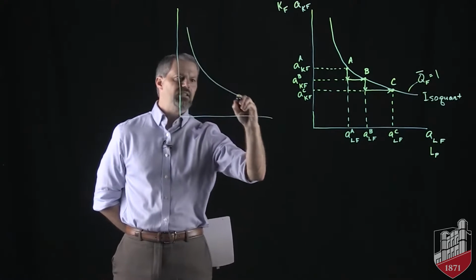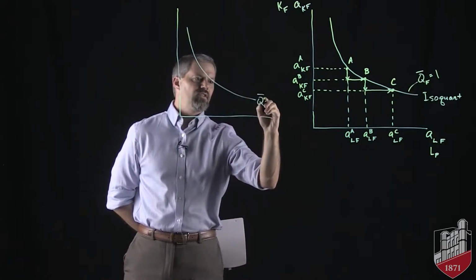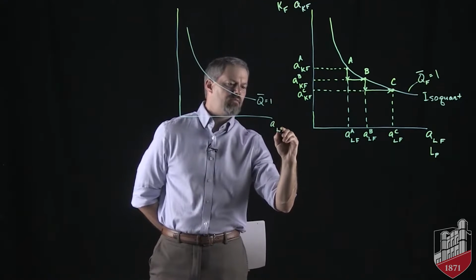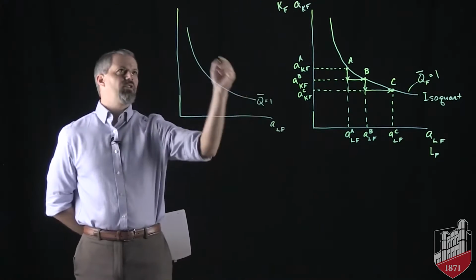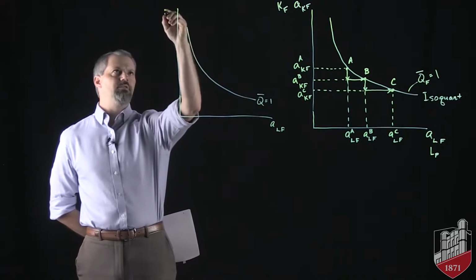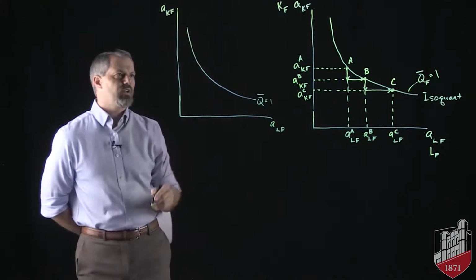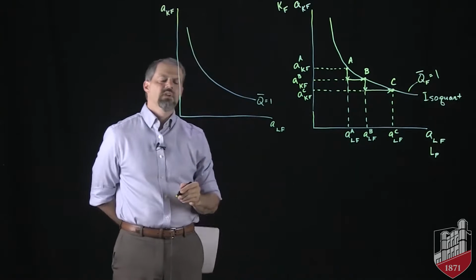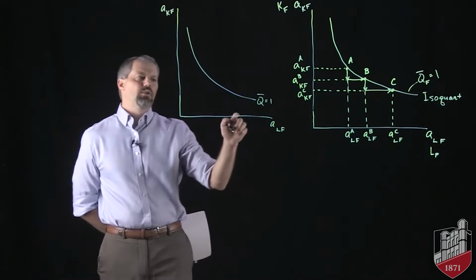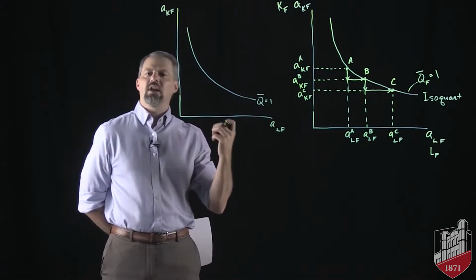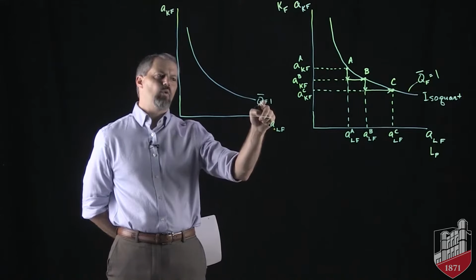So if we had an isoquant, let's say this is Q bar equal to 1. Suppose this was the isoquant that corresponded to producing 1 unit of food. Here's the amount of capital used in food production. Then if we wanted to produce 2 units of food, clearly we're going to need more capital and more labor than to produce 1 unit of food.